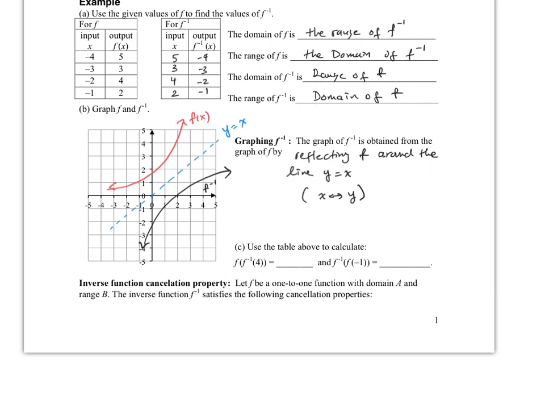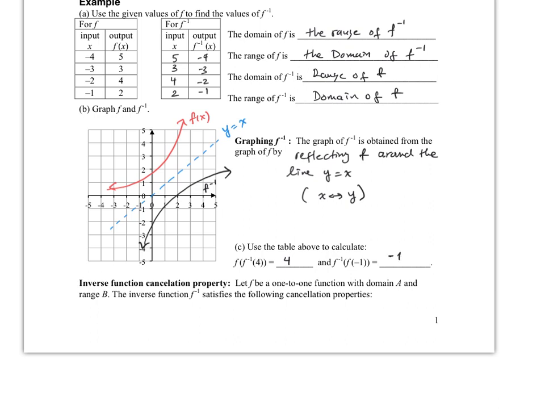Okay. Now one property that inverse functions have that no other functions have is that finding the composition of functions is pretty easy. They literally cancel each other out, and the answer is just the input in here, which is 4. That's it. It doesn't matter if the inverse is first and the function second. They cancel each other out, and you just end up with a number.